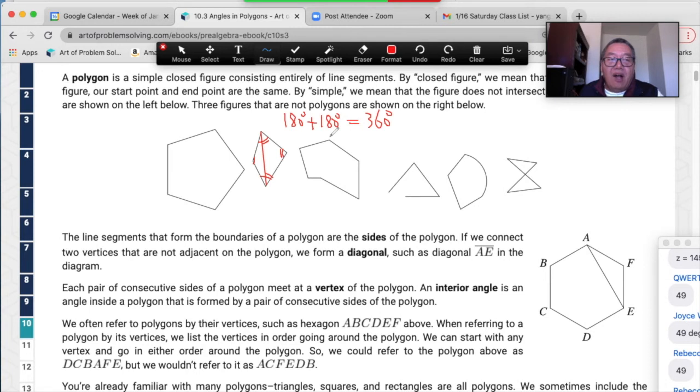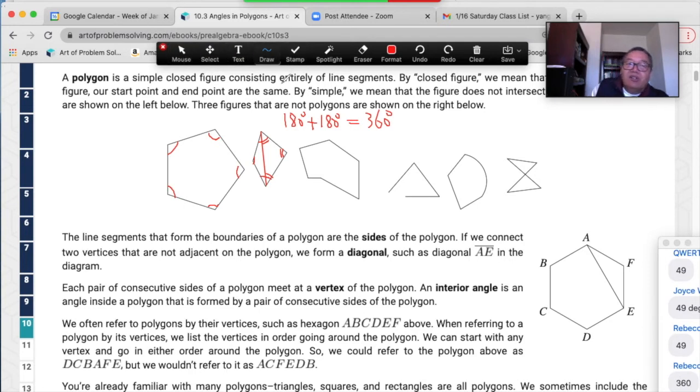Now our question is, what is the sum of the angles in a general polygon like this? What is the sum of these 5 angles? Okay, can everybody answer this question? You already know the sum of interior angles in a triangle is 180 degrees.